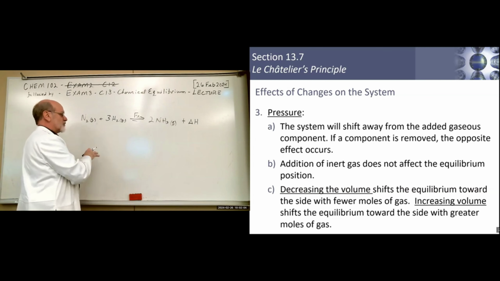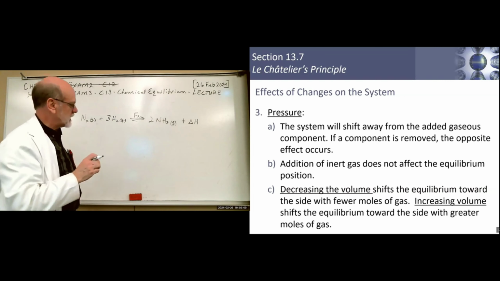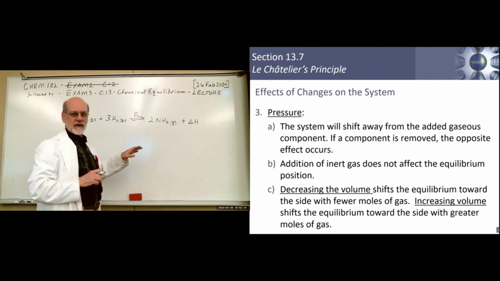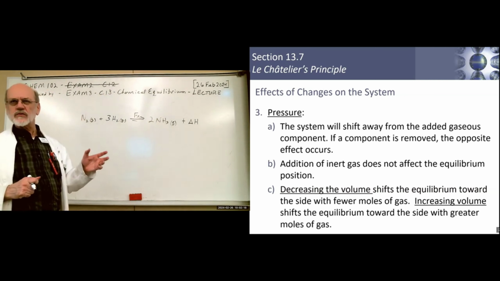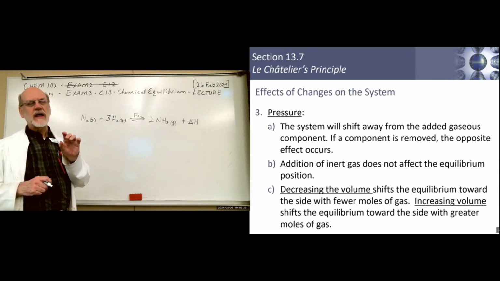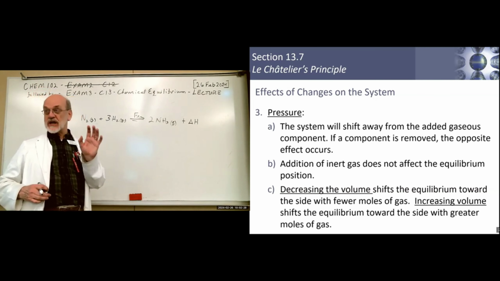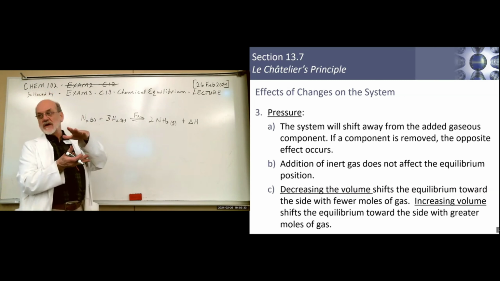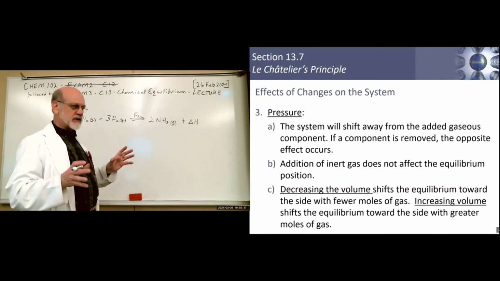So how do you change the pressure of this system? Well, one way is you can inject either one of the reactants or one of the products. But that kind of muddies the water because you're changing the concentration at the same time. We just want to change the pressure, not the concentrations. Well, actually, you do change the concentration if you change the volume, which changes the pressure. If we decrease the volume, that increases the pressure, but it also increases the concentration. Right? Well, let's look at the pressure.